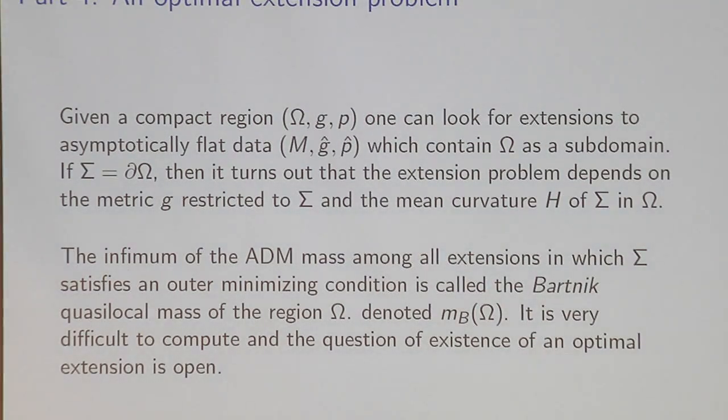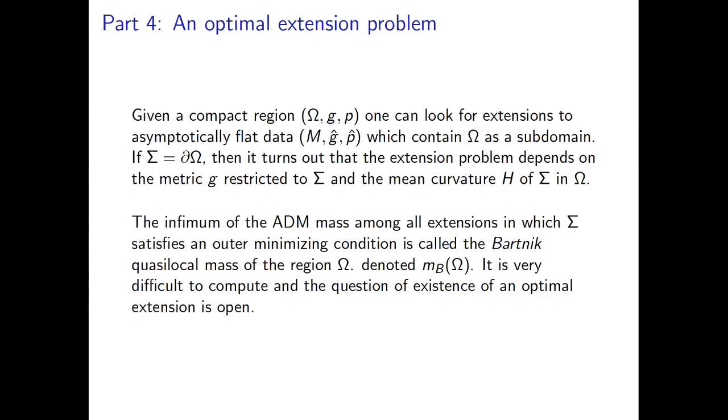You can only consider extensions where the boundary surface has some outer minimizing property. It turns out if you consider all extensions, you always get 0 as an answer, because you can do something like make an extension here.